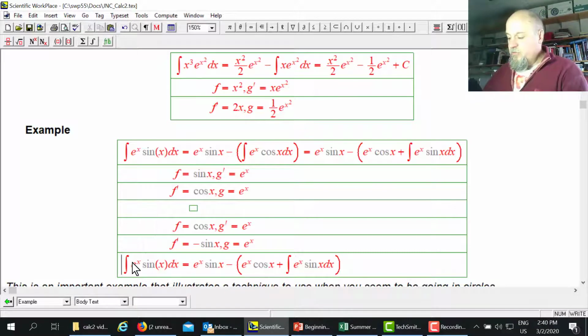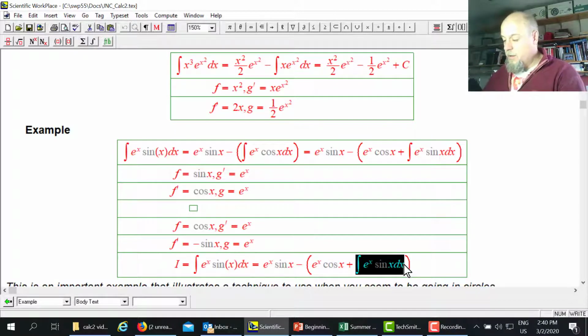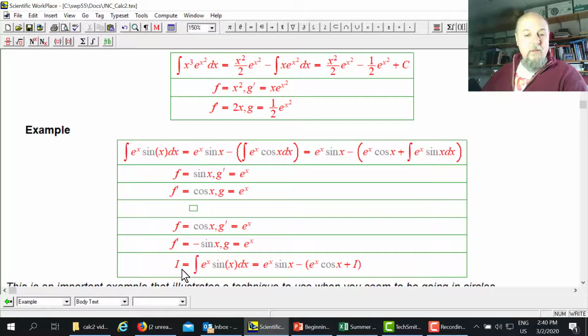So just to make my algebra easier, let's call that big I for integral equals the integral of e to the x sine x. That means I can replace this integral here with a big I. Now let's move this I over here.